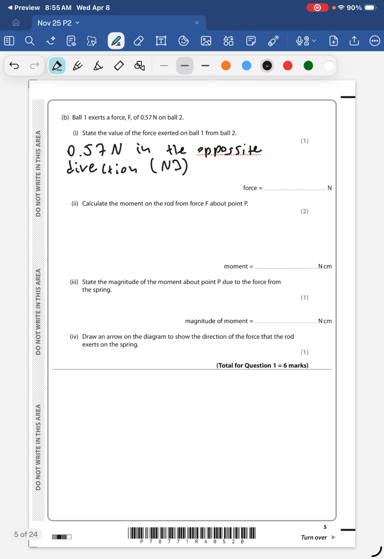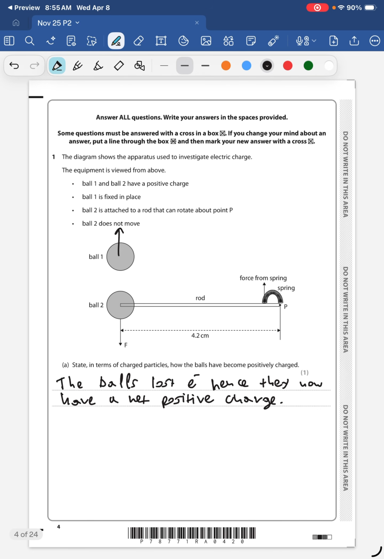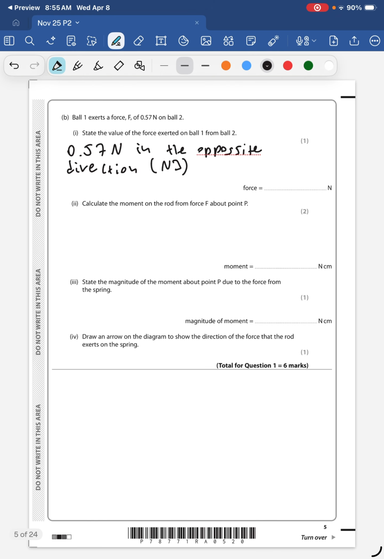Okay, let's move on. Calculate the moment on the rod from force F about point P. We see that we are 4.2 centimeters away from the pivot point P, and this force is perpendicular to the rod, so it exerts a moment, let's call it M, of 0.57 times 4.2.